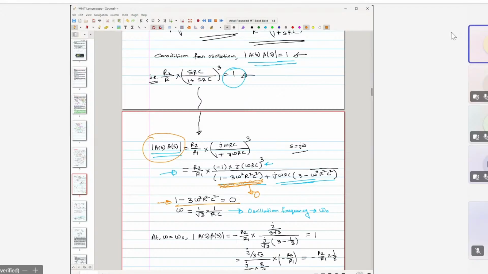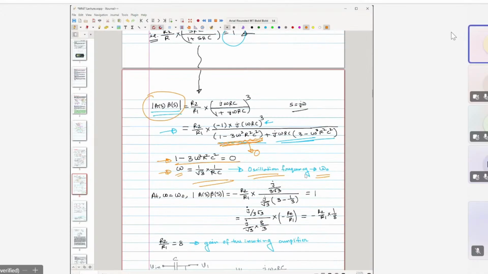Now from here we can find what is the value of omega. So omega is then 1 by root 3 into 1 by RC. Now this omega is not just any angular frequency, but it is the angular frequency during oscillation. So we have used the term omega naught to denote that this is the oscillation frequency.